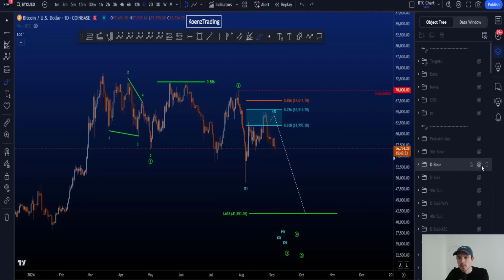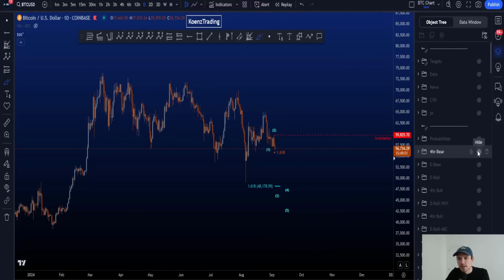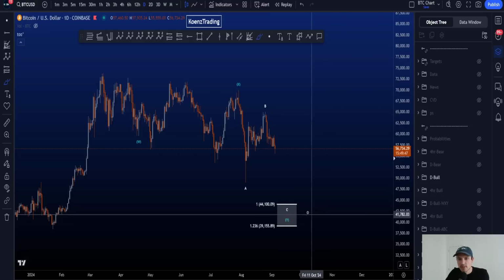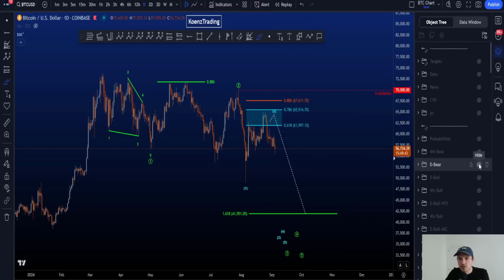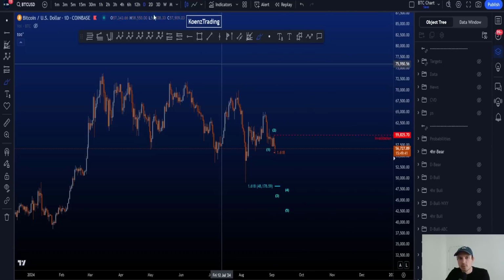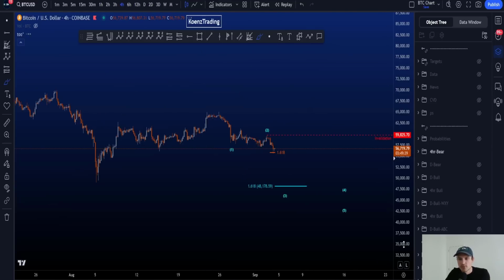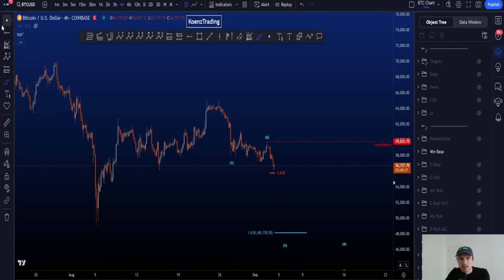On the lower time frames, however, in the final 2 daily scenarios, so if you look for a wave C to the downside, part of your wave Y, or if you're looking for your most bearish scenario, a big wave 3, you want to count an impulse to the downside on the lower time frames.